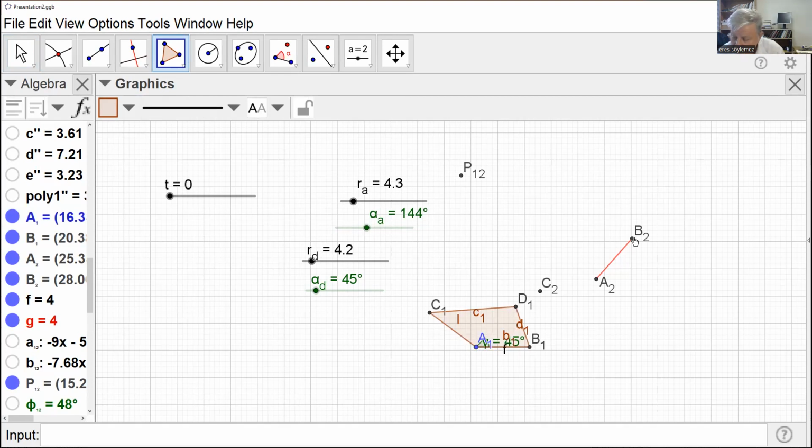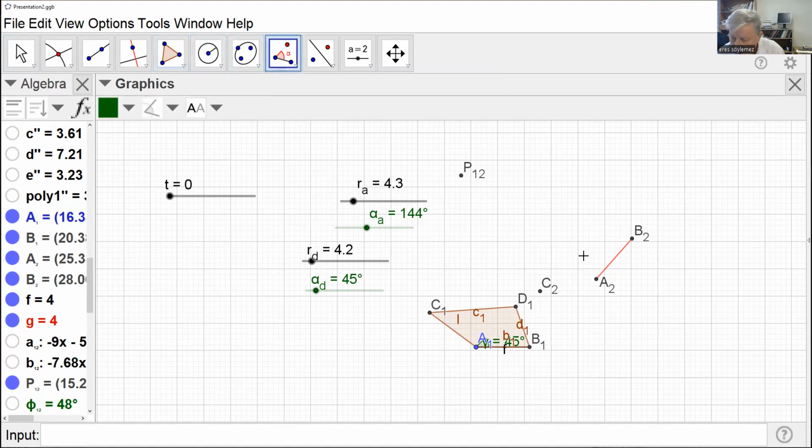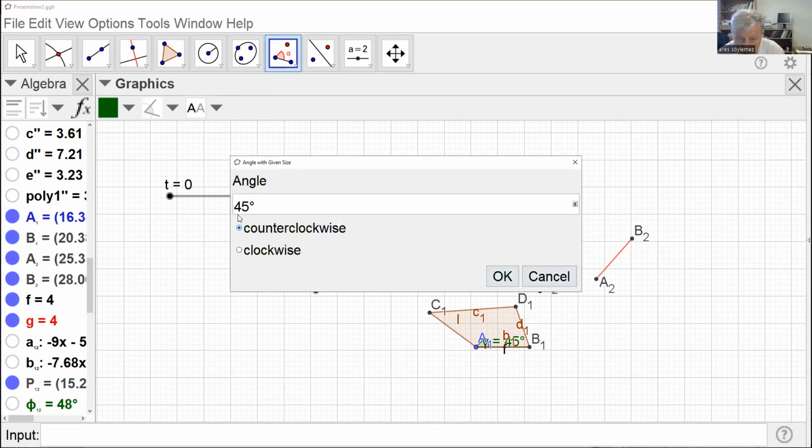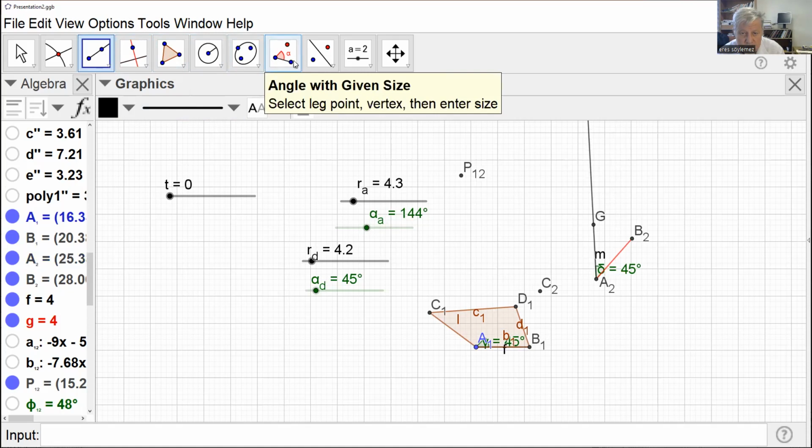Correct? Let us do the same thing for the point D, position 2. Alpha dash D. Correct? Draw your ray. Draw your circle.